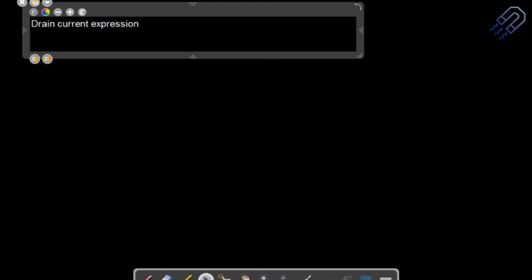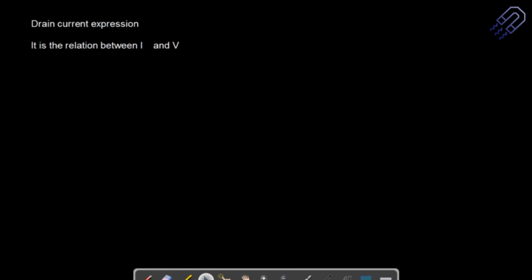It is basically the relation between IDSS and VP. I am not going to do any derivation for this because it is kind of complicated, but we are just going to remember the relation for calculating this drain current, IDSS and VP.